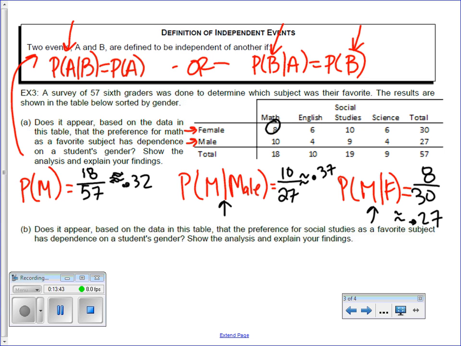So it changes based on that. So if you go back to that formula, what we're saying is the conditional statement should just be equal to the probability of the first thing in order for them to be independent. And that's not happening here. None of the probabilities are the same. So it seems that liking math is dependent on gender.